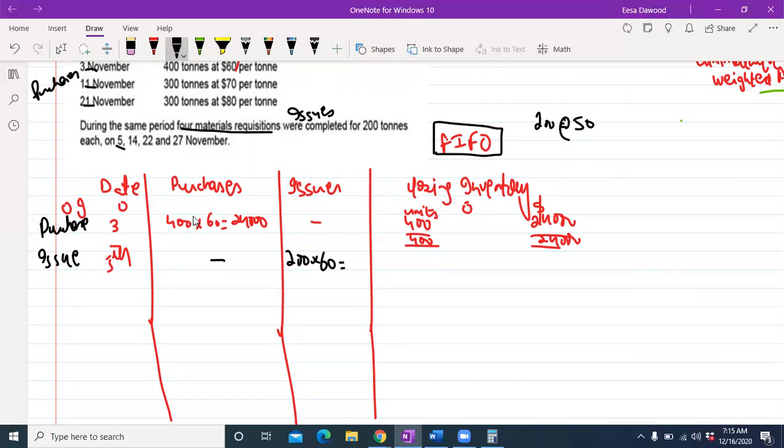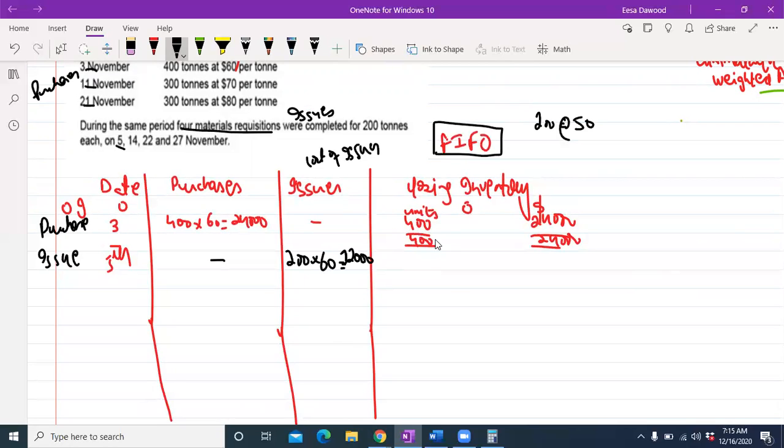Since here there was no opening inventory, we'll just issue from the purchase of the 3rd. What was the total value? It was 12,000, the cost of the issues. In the end, from this column we'll be able to calculate the cost of issues.